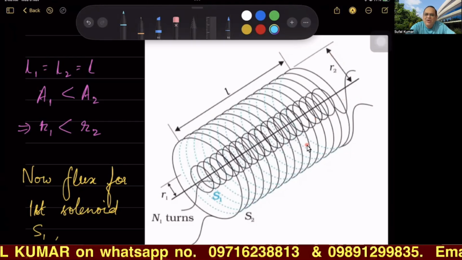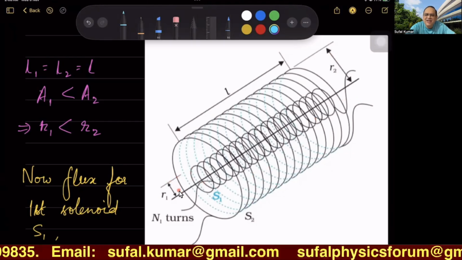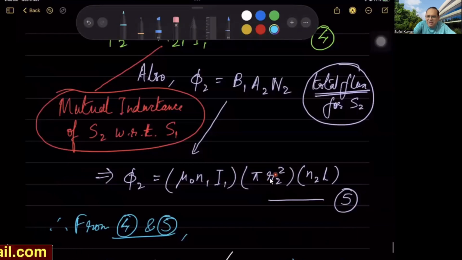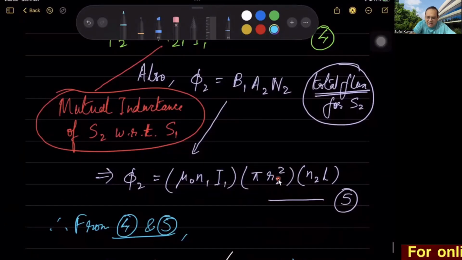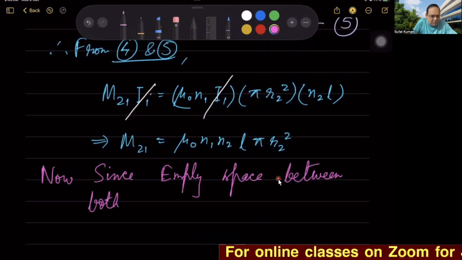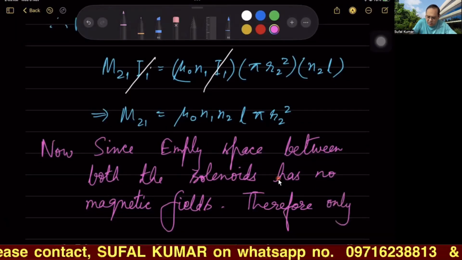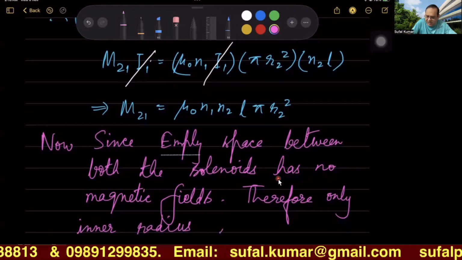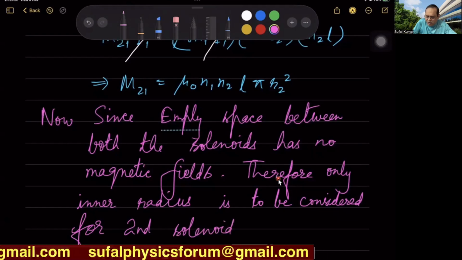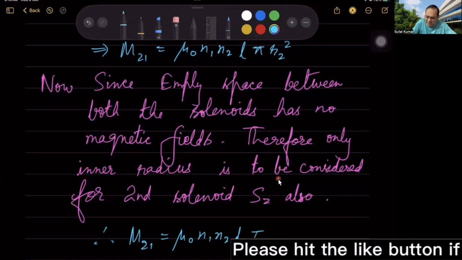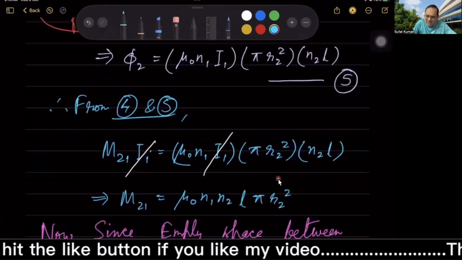For the second solenoid's flux also, we would be considering R1 only. Although finally we have R2, we'll be ignoring this R2, that means exchanging R2 for R1. Both the solenoids have no magnetic field in the empty space, therefore only the inner radius is to be considered for the second solenoid S2 also. Therefore, M21 is equal to mu naught N1 N2 L pi R1 square. Now this has become equation number 6.